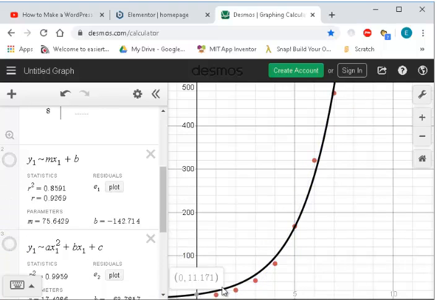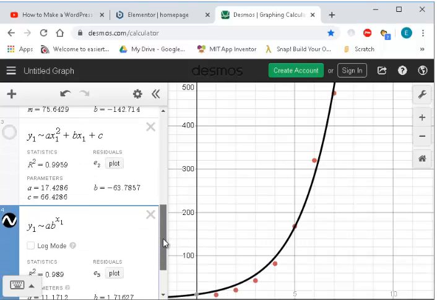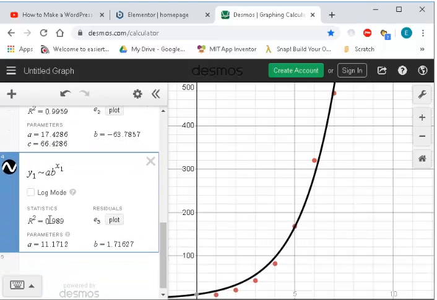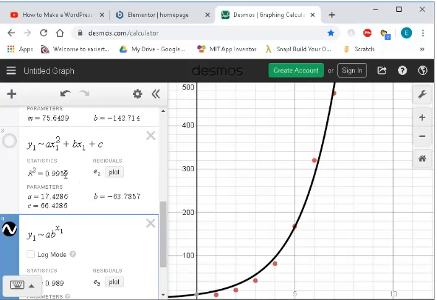You can see this is the exponential function which best fits the data. Again, it's something like quadratic. It goes almost through all the points, and the coefficient of determination r squared is 0.89, which is lower than quadratic here.